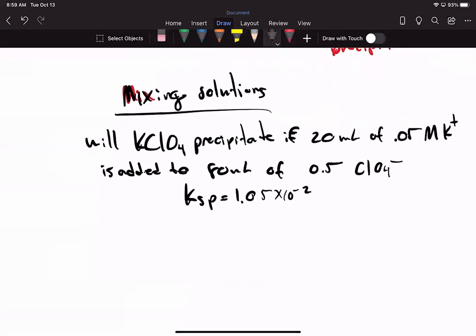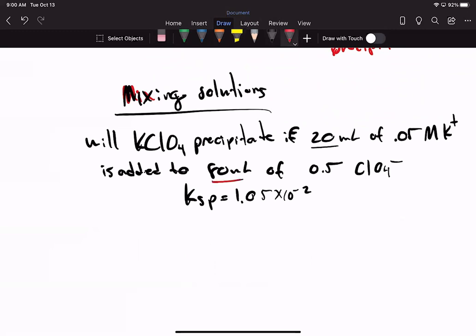All right. Well, we need some concentrations. In order to figure this out, we need molar solubility concentrations, right? Molar solubility concentrations, and that is in terms of moles of solute per liter. But we have these volumes here.